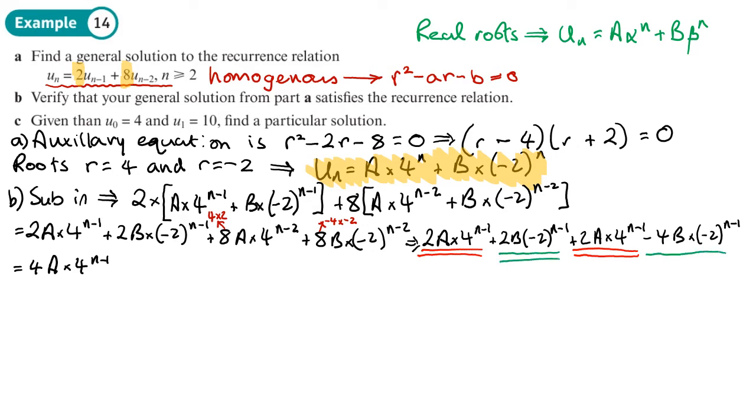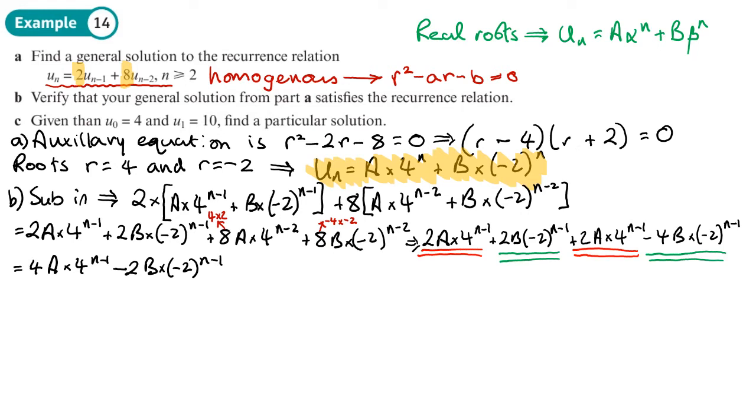So I have 2 lots of this expression minus 4 lots of that expression. So that gives me minus 2 lots of b times negative 2 to the power n minus 1.